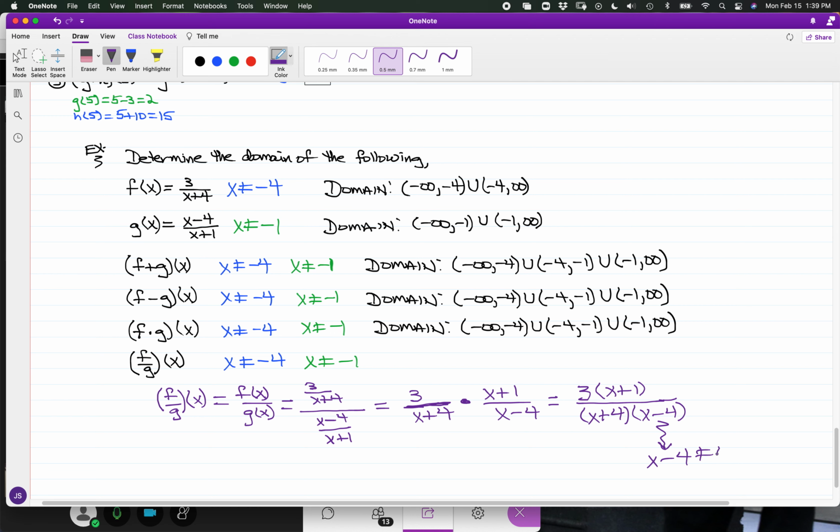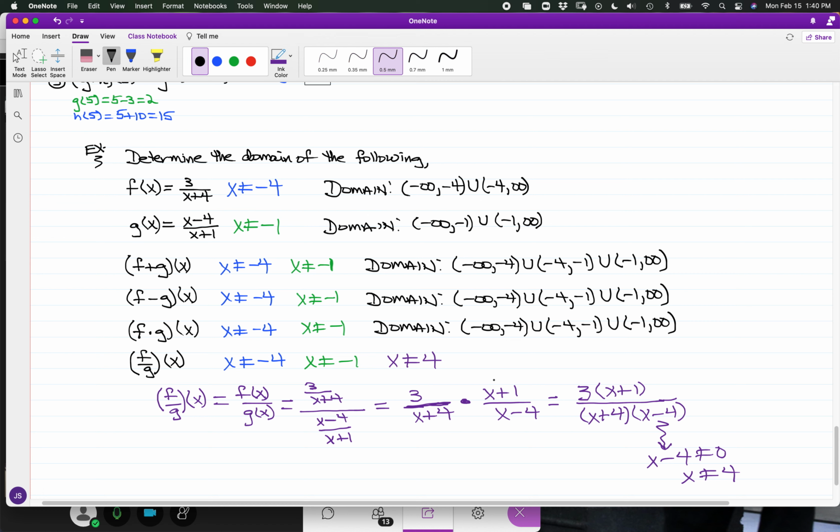Because x minus 4 has been flipped to the bottom, this cannot be 0 either, so x cannot be positive 4. And so, along with x not allowed to be negative 4, as well as not allowed to be negative 1, we now have x not allowed to be equal to 4.